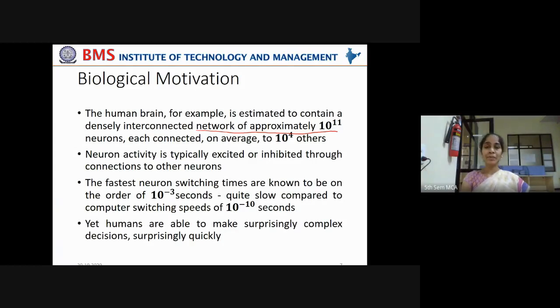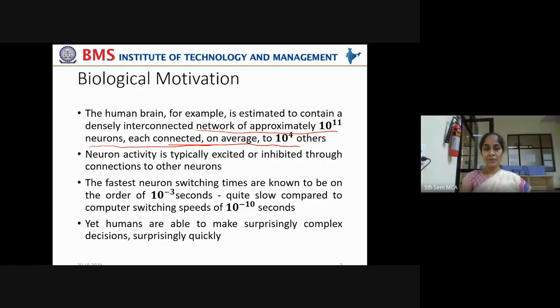That is not a simple number, right? 10^11 means 11 zeros after 1. 10^11 neurons, each connected on average to 10^4 other neurons. Means totally how many lines of communication? 10^11 into 10^4. See the volume of neuron communication structures we have in our brain.